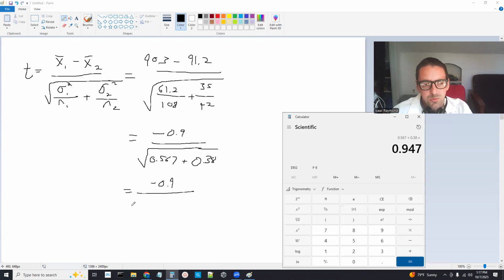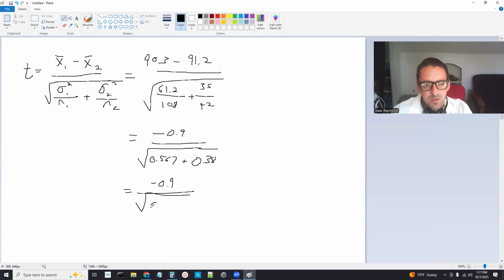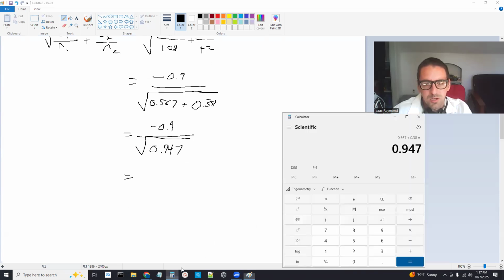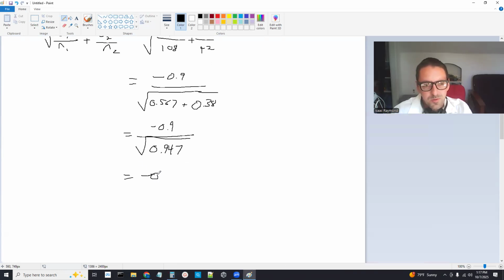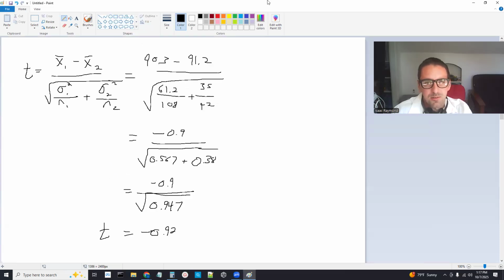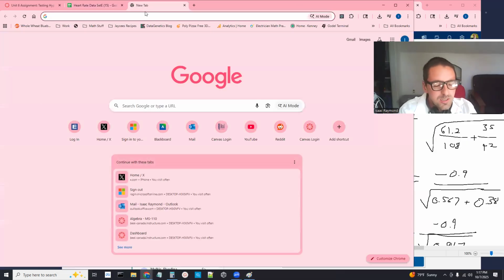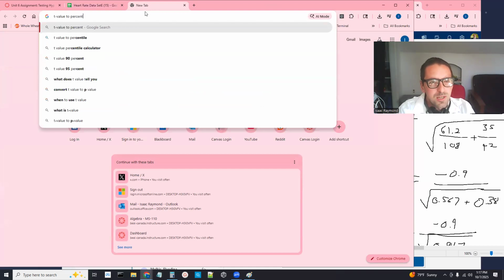That's the square root of 0.947. Almost there. Now we need to take the square root of the bottom. And I'm going to copy this to my clipboard. So it's negative 0.9 divided by that number. So, negative 0.92. That's our t value because we said t equals all this stuff. Okay, and then what you can do is you can Google search t value to percentile.